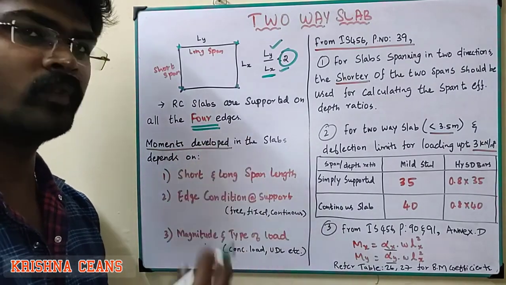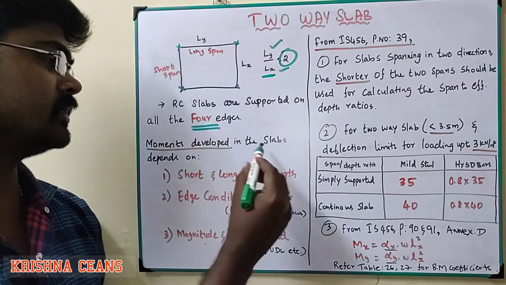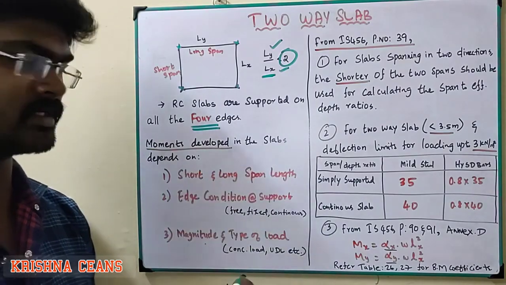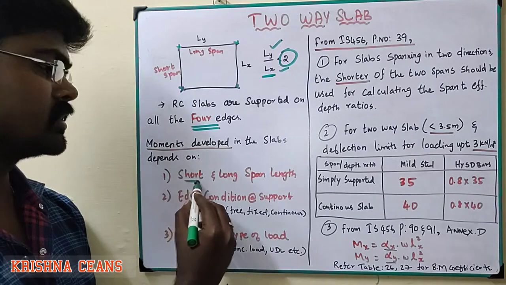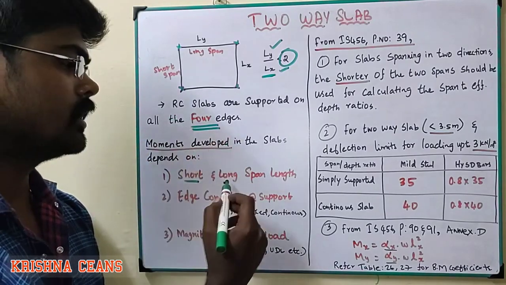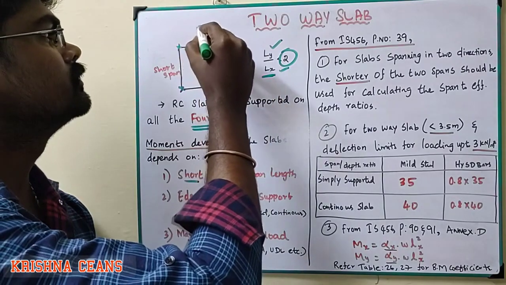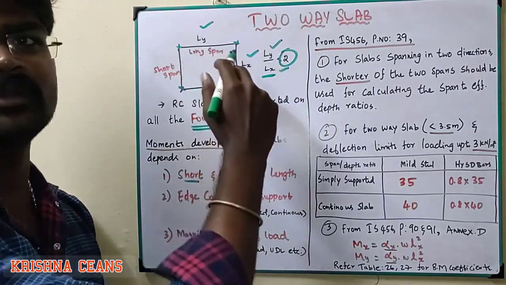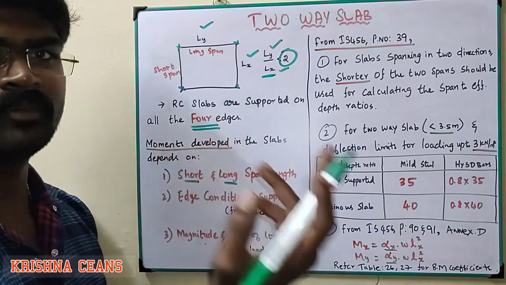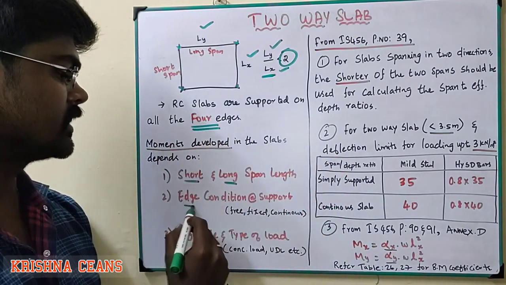For the two-way slab, the moments developed in the slab depend on the following conditions. Number 1, the shorter span length as well as the longer span length. So this is the longer span, this is the shorter span. Depending on the length, the moment developed will vary. Then edge conditions.